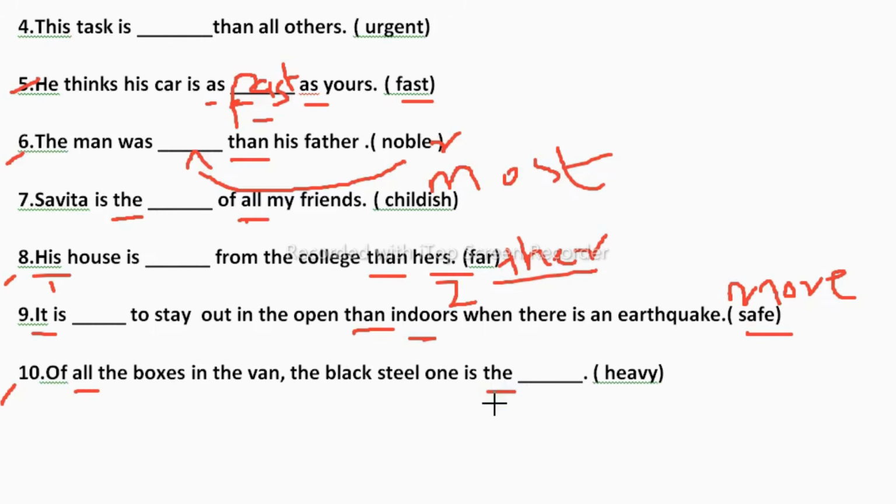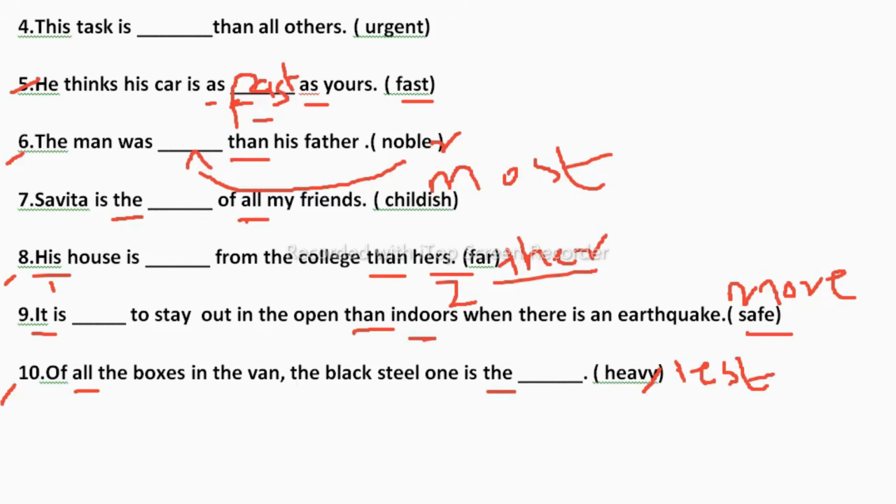So definitely you have to write the superlative degree. So the heaviest. What you have to do, I taught you already in the last video, degree of comparison: if your word is ending in y and before this y a consonant is there, you have to replace this y with i and add -est, so it will become heaviest. Of all the boxes in the van, the black steel one is the heaviest.